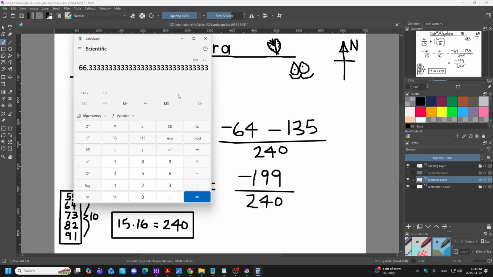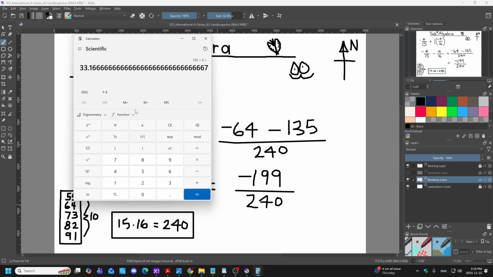It's just a matter of finding that number that would work, right? 199, I doubt 5. 6 probably not as well. 6 would go into 240, yes. 199 divided by 7, that won't work, I'm pretty sure. Yeah, it's really weird numbers. 199 divided by 8. I could go on and on and on, right? 8 doesn't go into it nicely.